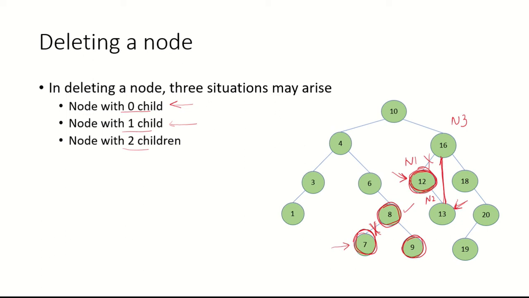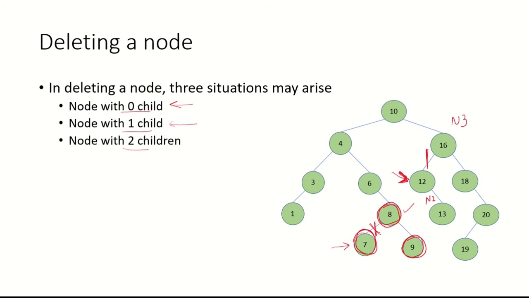We remove the link of the node that is to be deleted from its parent. We free the pointer, and its child is attached to the parent node of the node that is being deleted. We can take another case. Suppose we have to delete this node which is having a value 18.